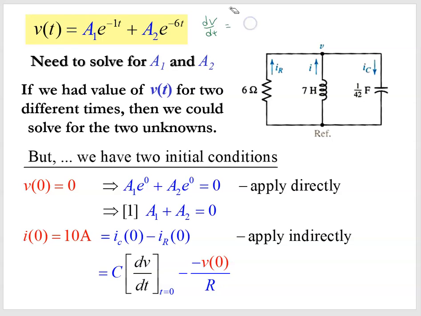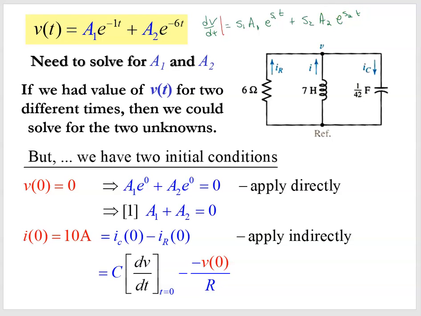S1 is equal to negative 1, so it's equal to our S1 A1 plus S2 A2. We just need to evaluate that, though, at t equals 0. Let me correct that one more time. We also have S1 A1 e to the S1t plus S2 A2 e to the S2t.